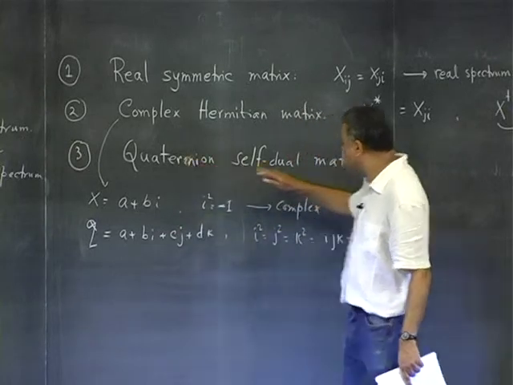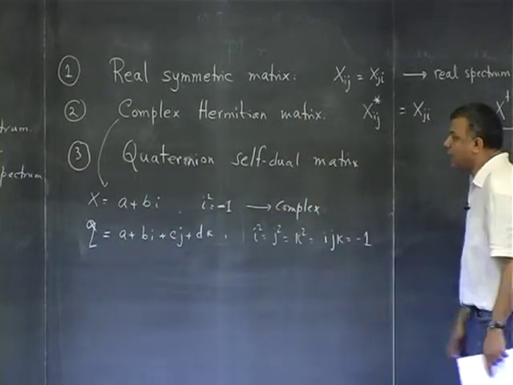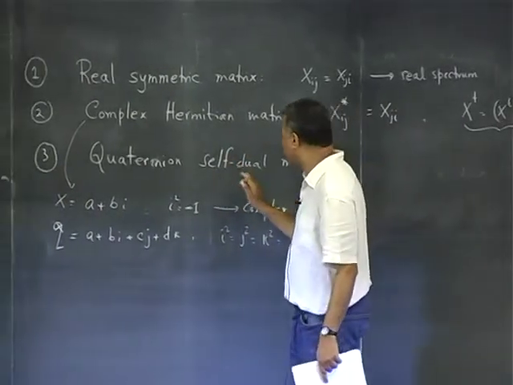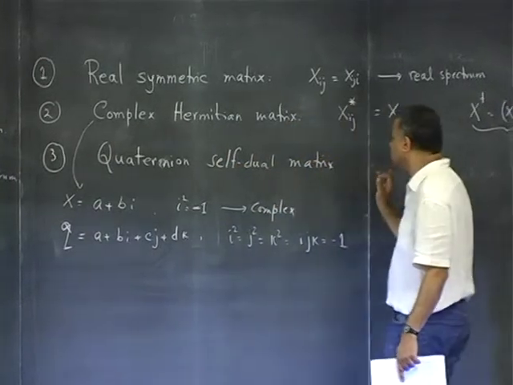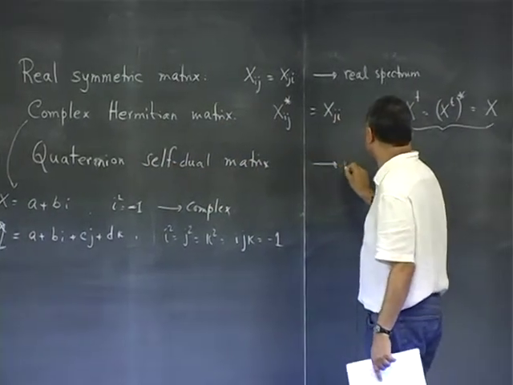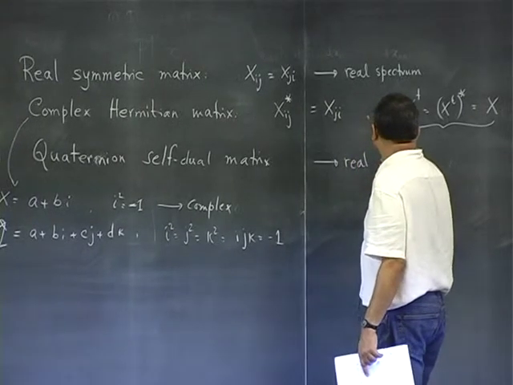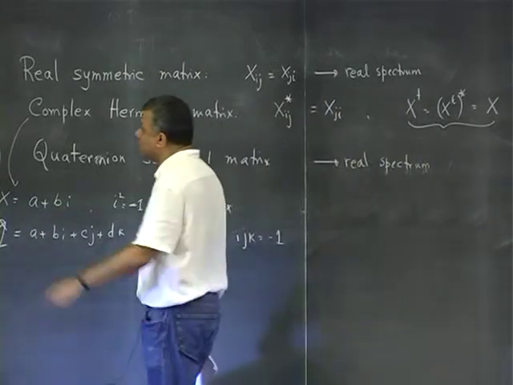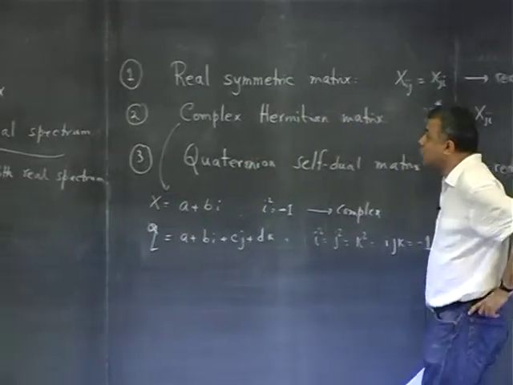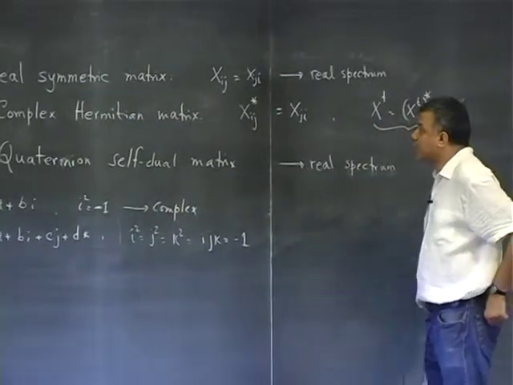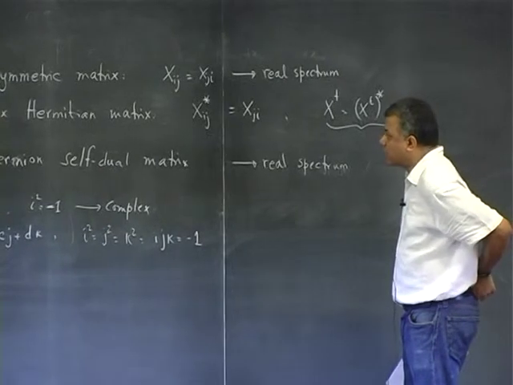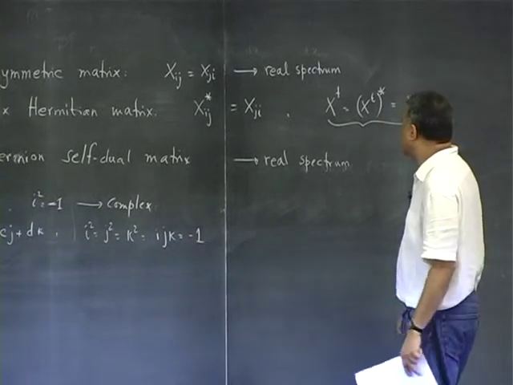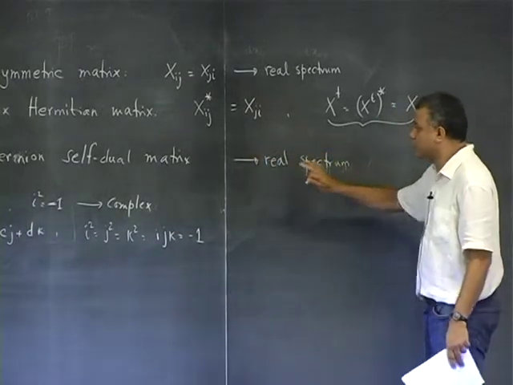You can construct matrices with quaternion elements in them, and if you choose some self-dual properties, which I'm not defining here for the moment, these also have real spectrum. These are useful in some Hamiltonians where you have spin orbit scattering and things like that, which do not conserve the total spin. In that case the correct basis is the quaternion basis. Let's not go into the details of this, it will be dry mathematics.